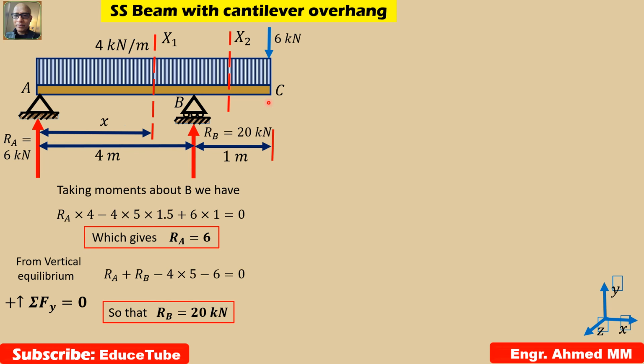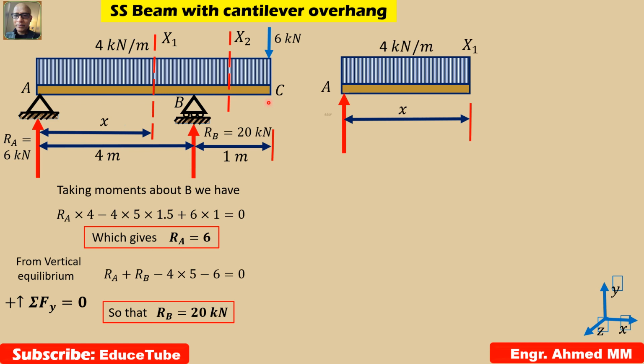That is why I am taking a free body diagram of this one. From AB, I am taking this part AX1.